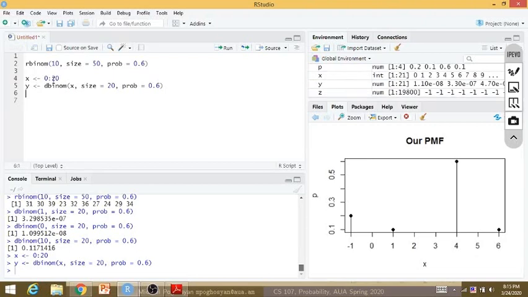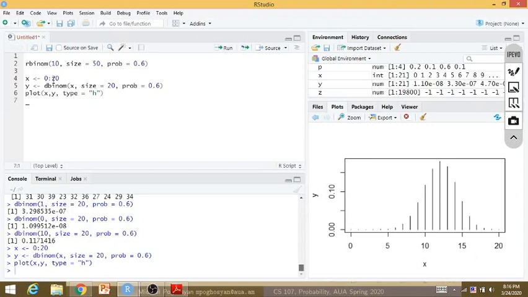And now I want to plot those probabilities, plot x, y. Type is equal to h, horizontal lines, and then I will add the points. Sorry, something happened.